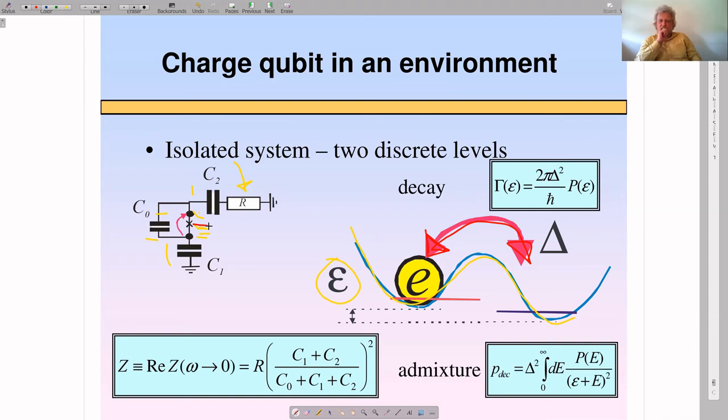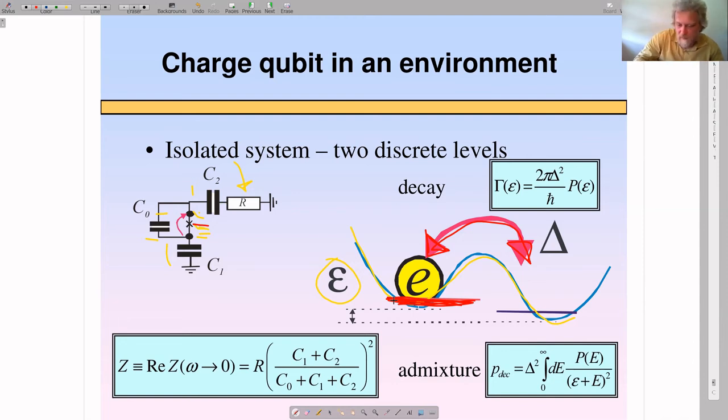Right. Now I want to find the place for P of E here. To this end, I would like to consider the tunneling. I would like to consider an electron in the excited state of this two-well potential.